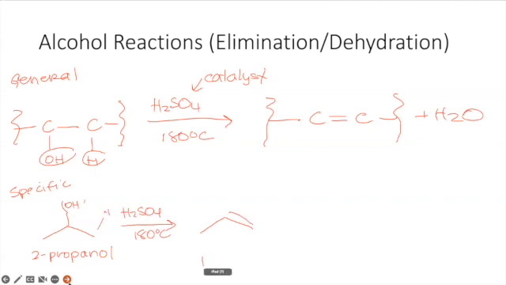And so we're going to have 1-propene. It's also correct if you chose the implied hydrogen over here. The name would actually still be the same in this case. And don't forget, we're producing water as a byproduct. Okay, I'm going to erase this bottom part and show you another example, but with a ring.